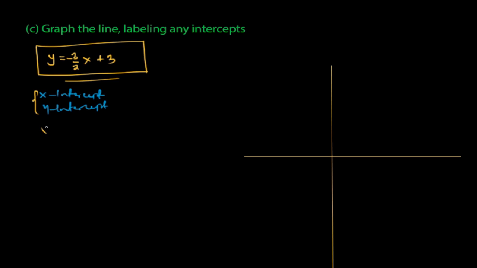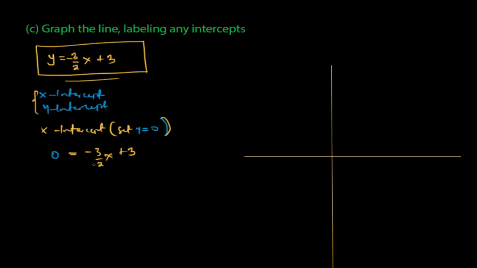So the x-intercept. You recall that to find the x-intercept, we set y to 0, or it's just the corresponding value of x when y is 0. So wherever we have y, we replace it with 0: 0 equals negative 3 over 2 x plus 3.